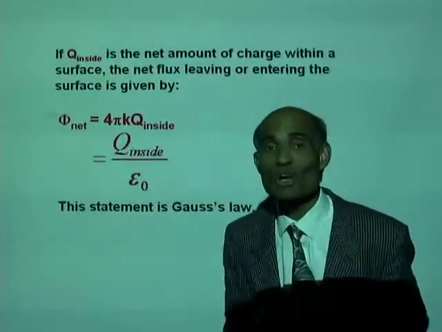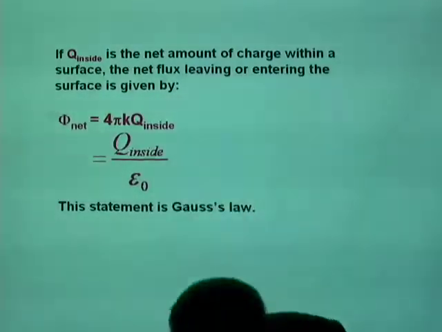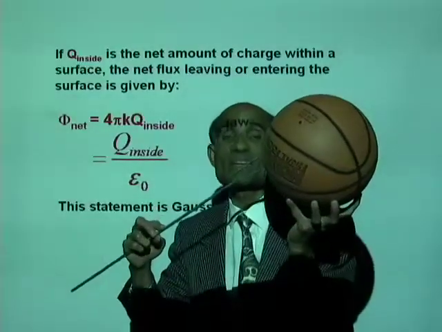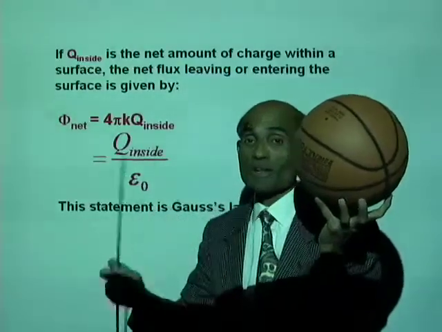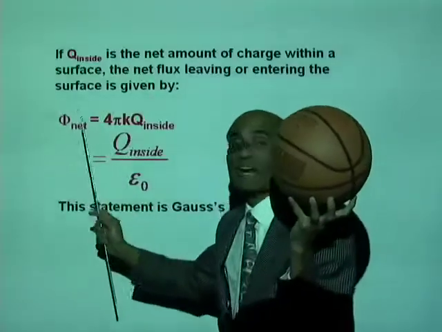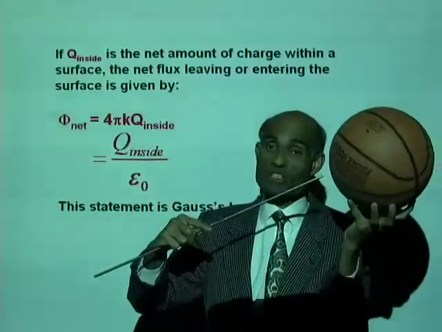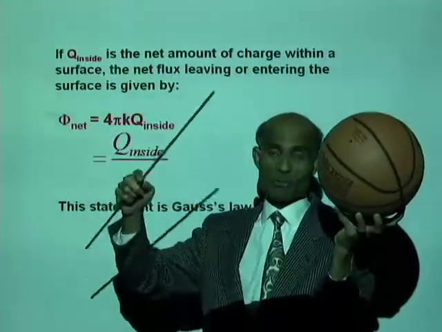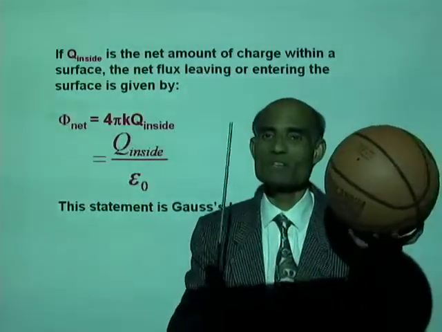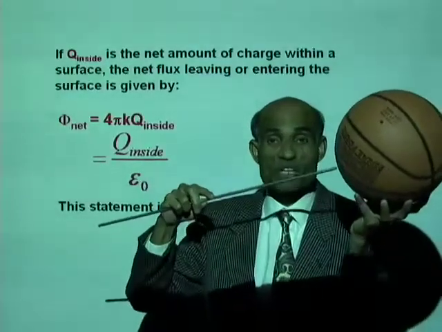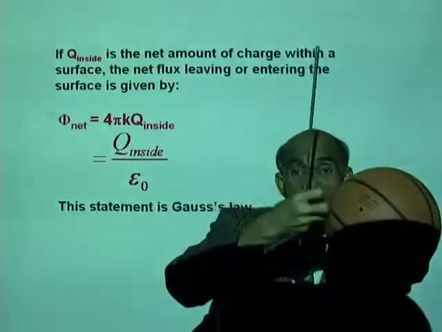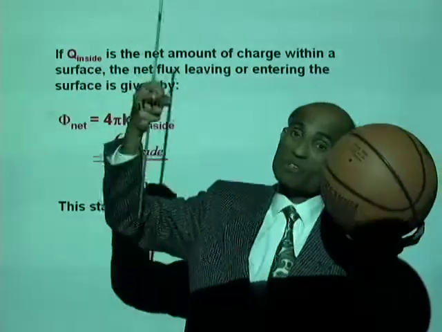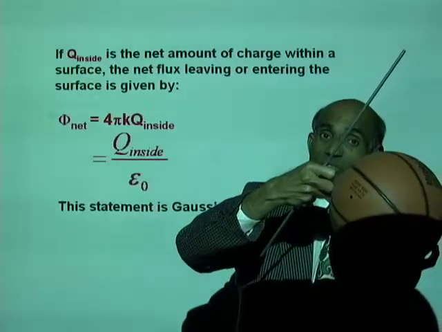So what does Gauss's law say? Gauss's law says, if a surface contains a certain amount of charge, then the net flux is either leaving or entering. If the net charge inside is positive, the flux will be leaving the surface. If the net charge is negative, the flux will be entering the surface.